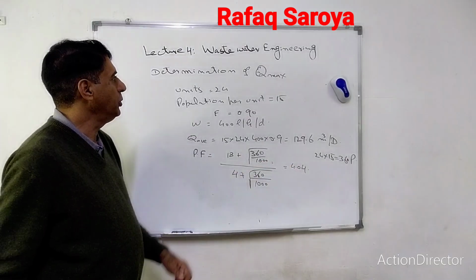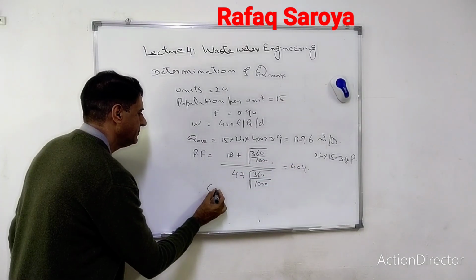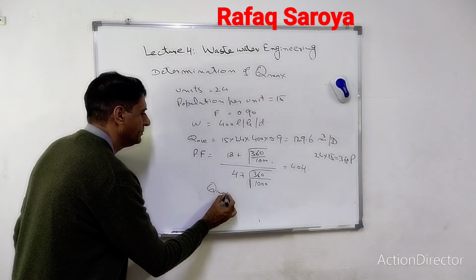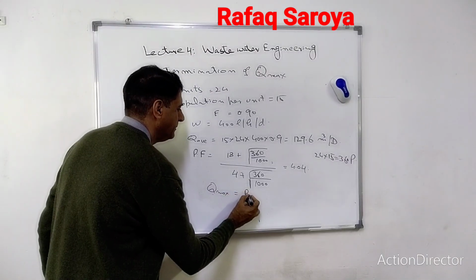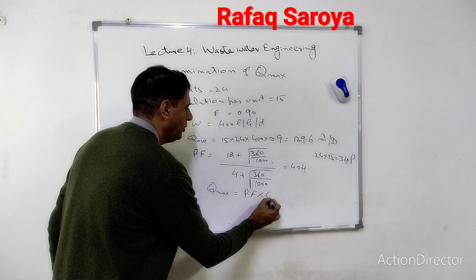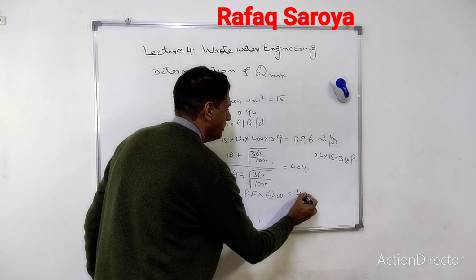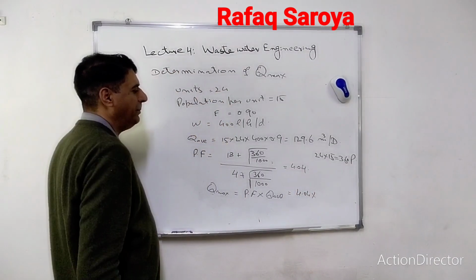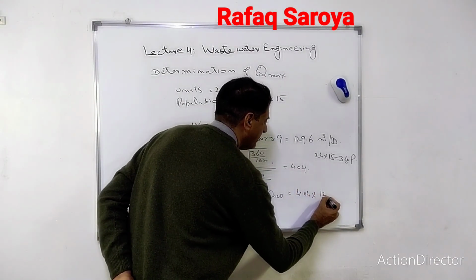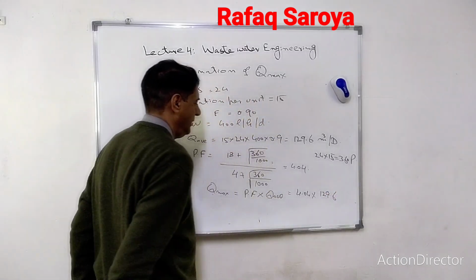This peak factor is known to me, then Qmax is equal to peak factor into Q average. It means 4.04 multiplied by 129.6.